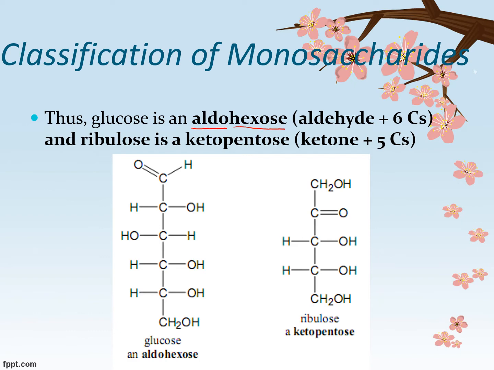Remember the prefix just now, aldo prefix, and then hexose with 6 carbons. Ribulose is a ketopentose, because it has a ketone group and it has 5 carbons, pentose.